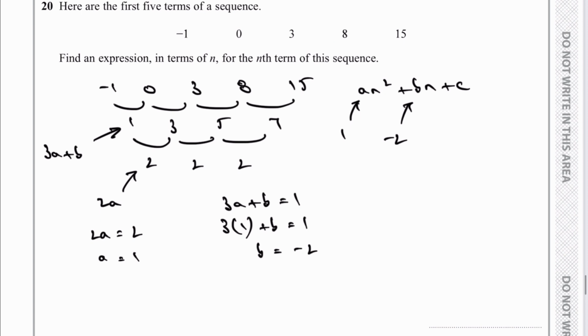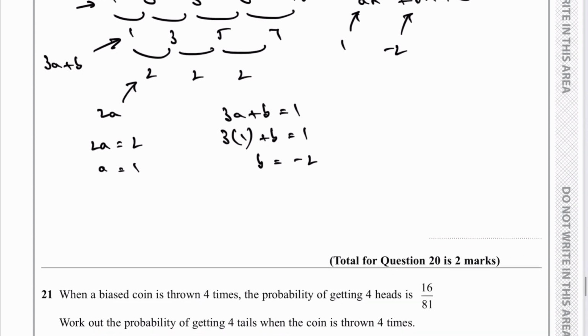And then my final one is a plus b plus c equals minus 1. I've got my value of a as 1, my value of b is minus 2, plus c equals minus 1. So minus 1 plus c equals minus 1.